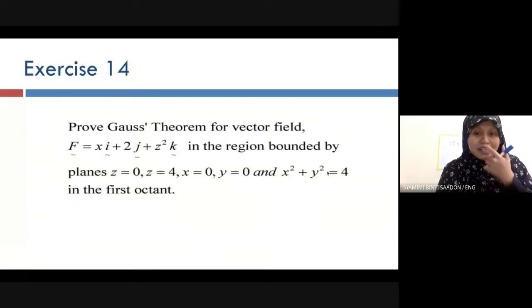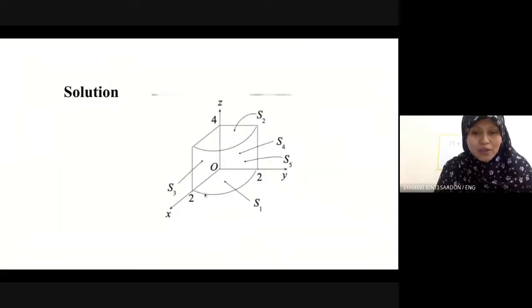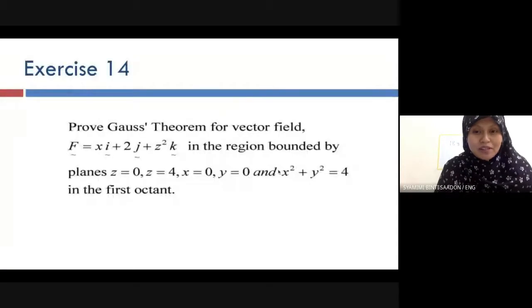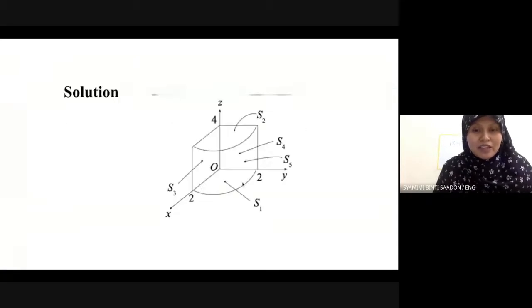This function is like a circle with radius 2 in xy. So that's why we have this plane. This is a circle with radius 2 because of this function. Okay, so we get this surface, and we have to integrate over this surface.